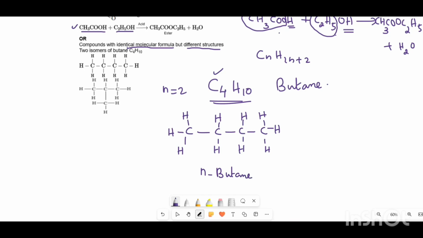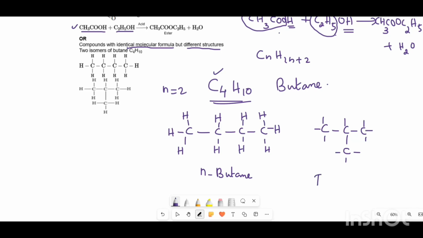Now, one more structural isomer you can write. Out of the 4 carbons, we write 3 carbons in a straight chain manner. The 4th carbon, we write it on the second carbon. So we are reducing the chain length. Before it was 4, now it is reduced to 3. The fourth one is put on the second carbon. Now you put the hydrogens.